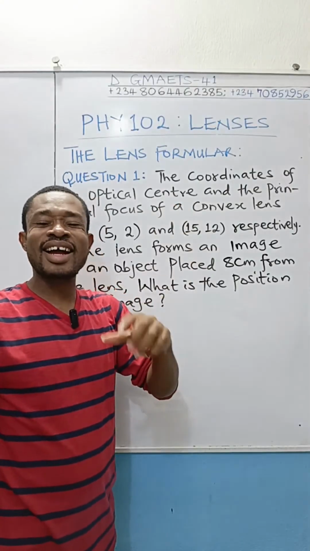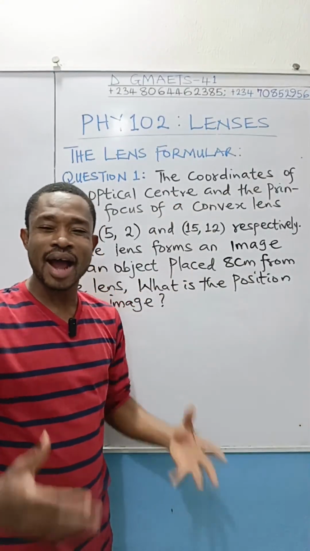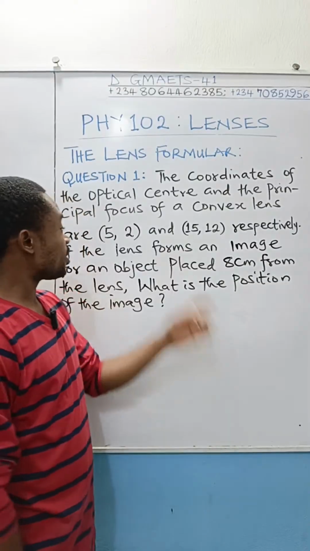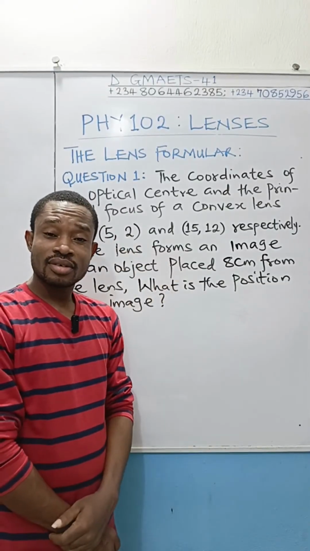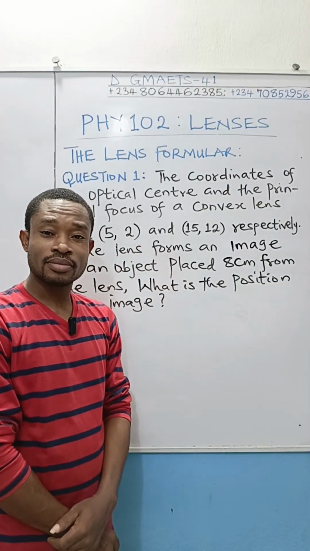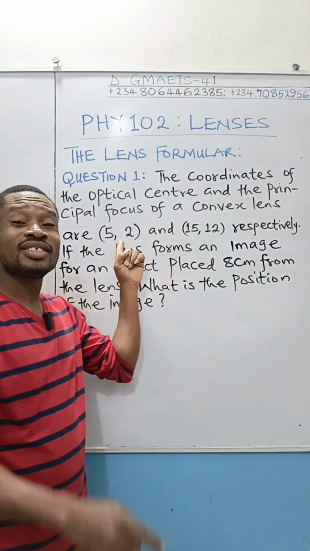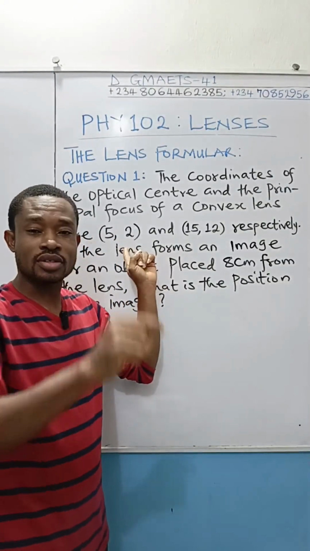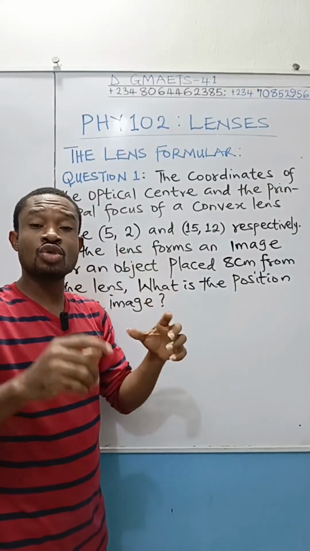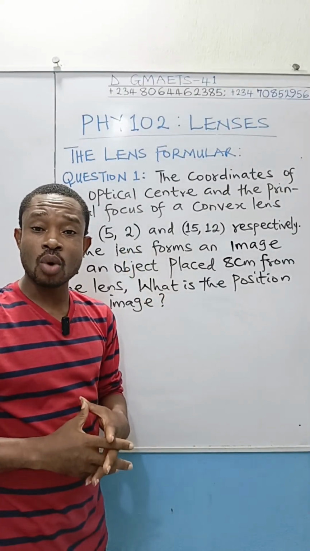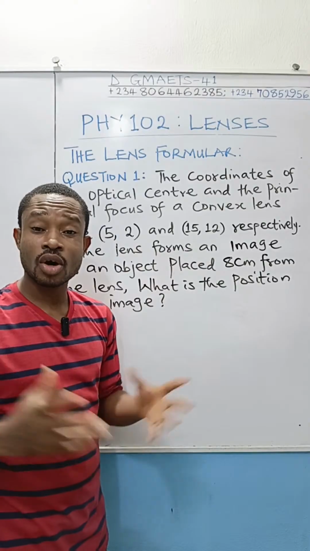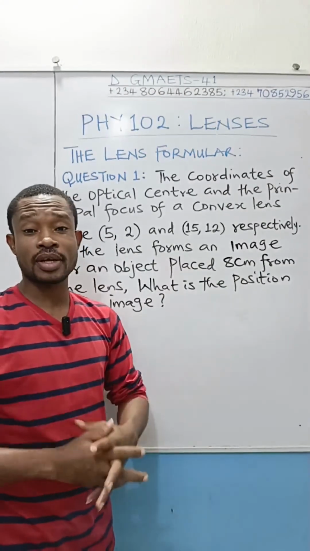Why can an examiner do this? Why would an examiner give you coordinates in a lens problem? Because like I said, optical center is a point, and a point is usually located using coordinates on the Cartesian plane.